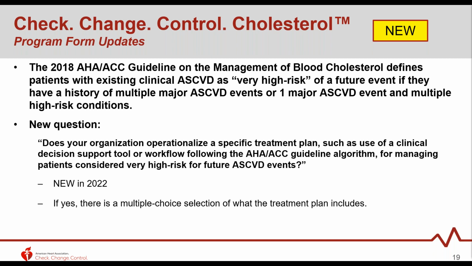We ask, does your organization operationalize a specific treatment plan, such as the use of a clinical decision support tool or workflow following the AHA-ACC guideline algorithm for managing patients considered very high risk for future ASCVD events?